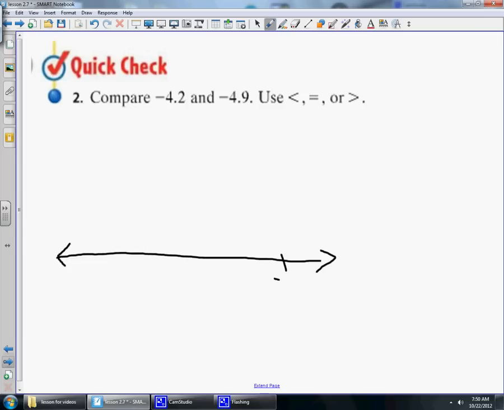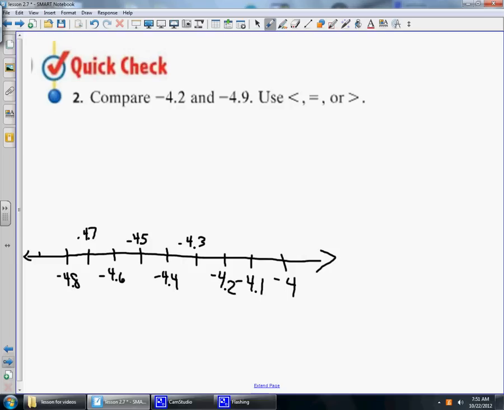We start here at -4 and we have -4.1, -4.2, -4.3, -4.4, -4.5, -4.6, -4.7, running out of room here, -4.8 and -4.9.